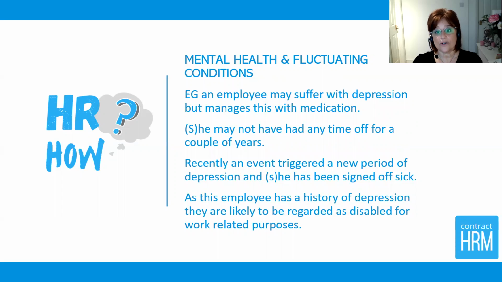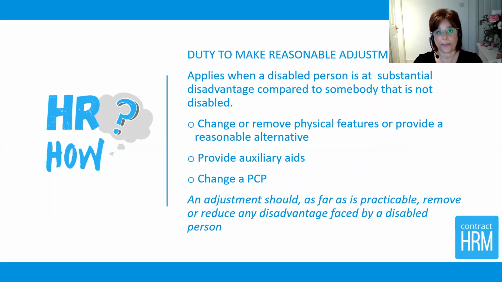Recently, an event triggered a new period of depression and he or she has been signed off work sick. As this employee has a history of depression, they are likely to be regarded as disabled for work-related purposes, because of those fluctuating conditions stretching out over a longer period than 12 months.